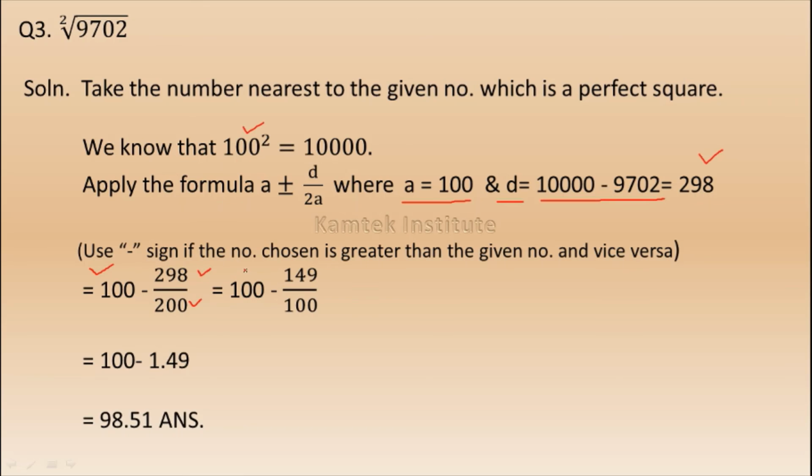In the next step we get 100 minus, and we have divided numerator and denominator by 2, right? So we get 149 upon 100. When we divide by 100, we get 100 minus 1.49, and we subtract 1.49 from 100, and we get the answer, that is 98.51.